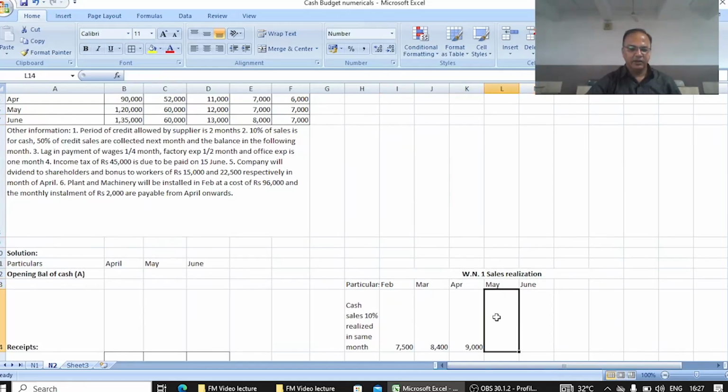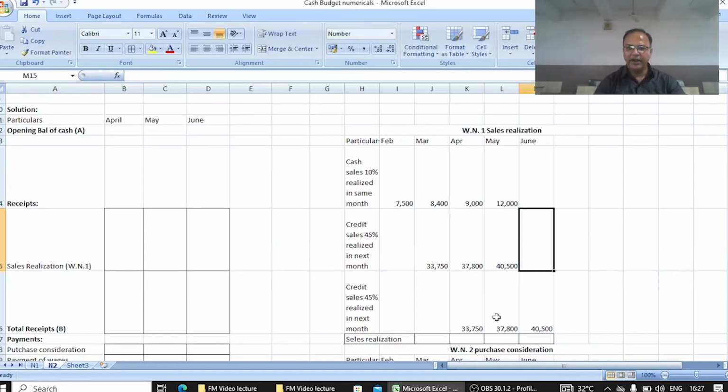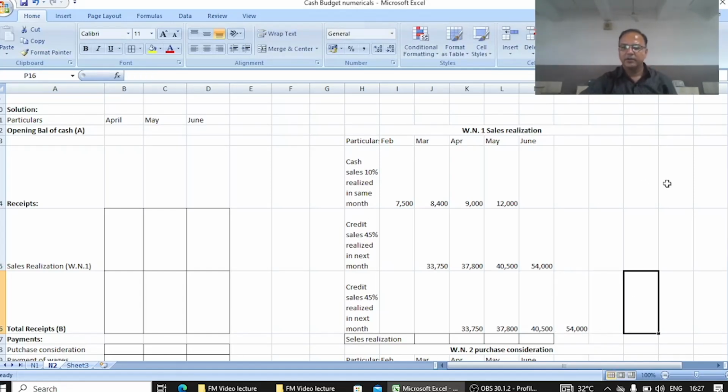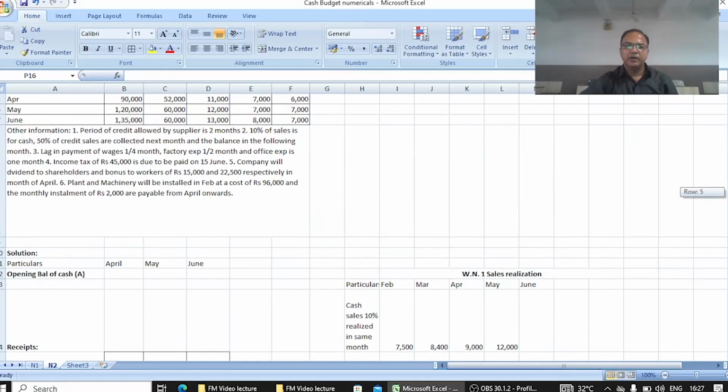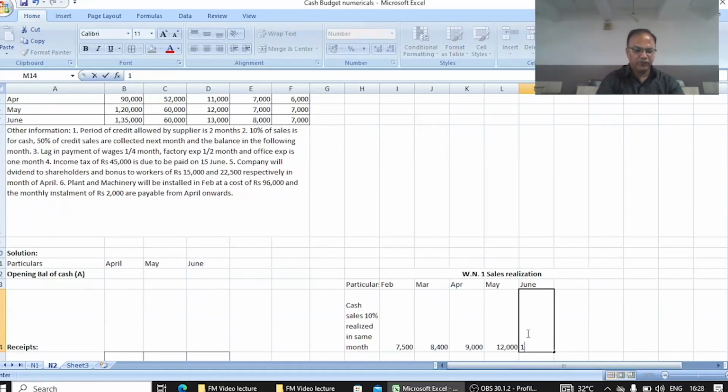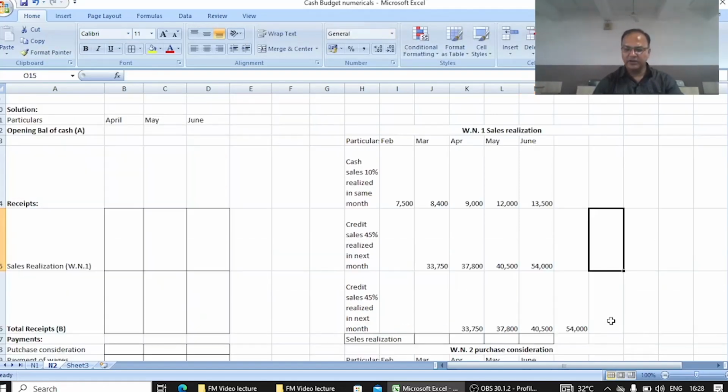In 120, 12,000 is recovered in same month, and remaining 108 means 54,000 here and 54,000 here. Now in month of June it is 135. It means 13,500 is recovered in month of June.